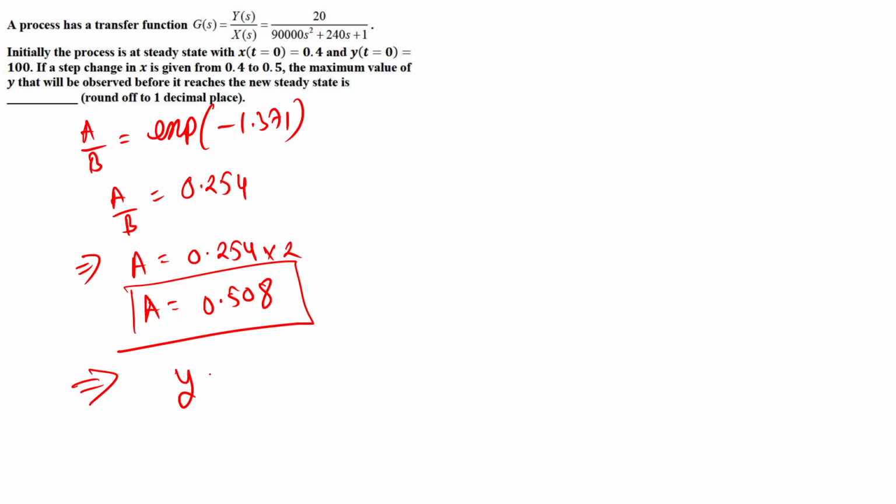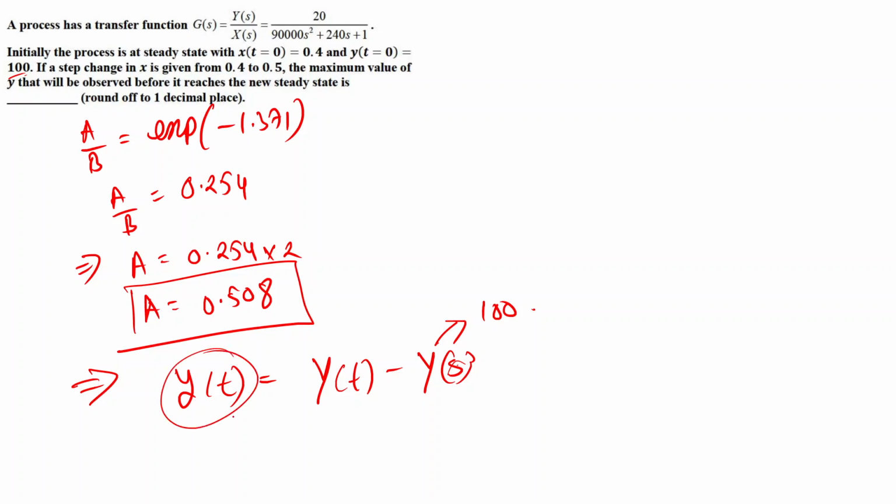So that is basically y(t) is equal to y(t) minus y(s). So this is y(s), this is our steady state value, which in the given question we have been given as 100. So this is 100, and this is the maximum value that we need to calculate.